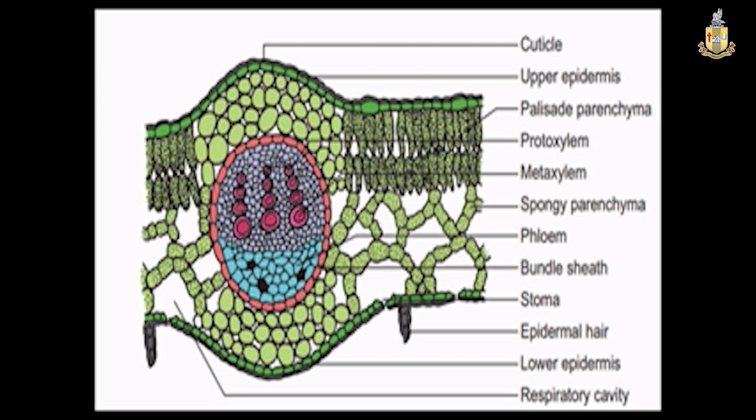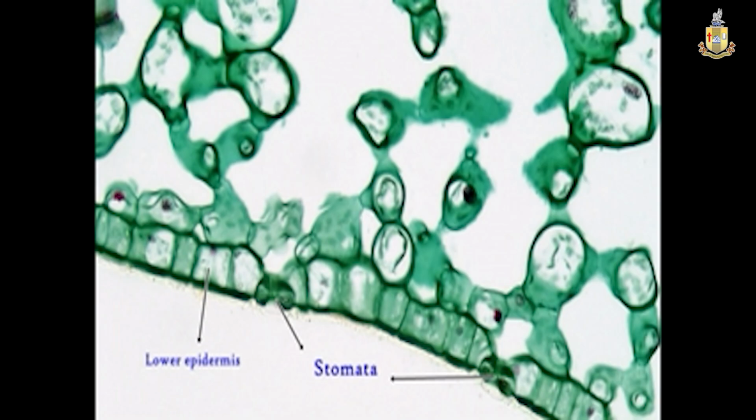The interruption is caused by the presence of a unique special type of cell called stomata. These stomata present in the lower epidermis are responsible for gaseous exchange and the transpiration process in plants. Hence, plants are able to balance their temperature.